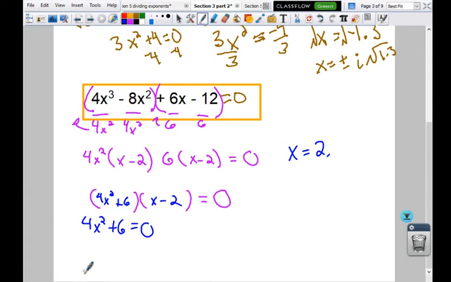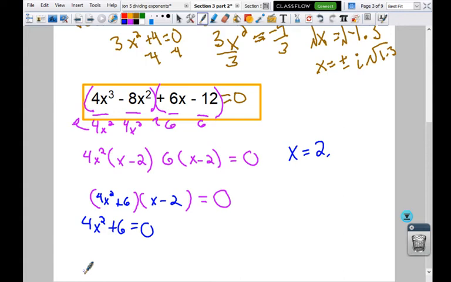Okay, we should just stop here. Minus 6 on the left. Minus 6 on the right. Did it divide first?